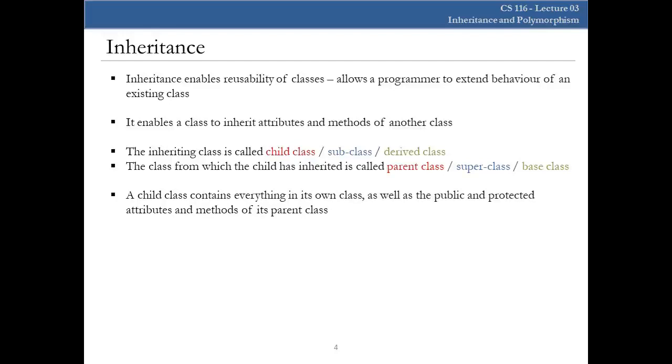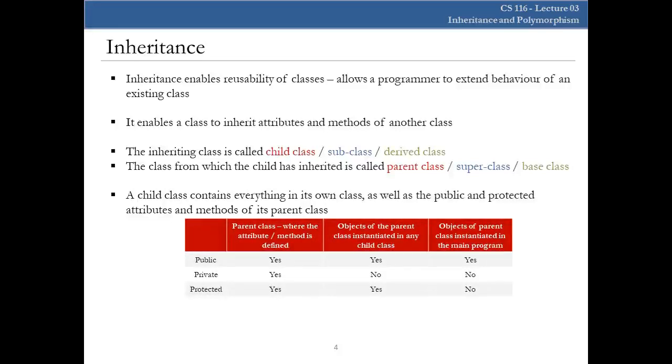Child class or classes and the main program cannot access it. Now, for protected, if an attribute or a method is protected, then it is accessible from within the class where it is defined, and also from the child class or classes, but it is not accessible from the main program.